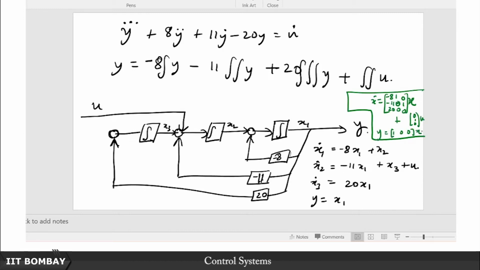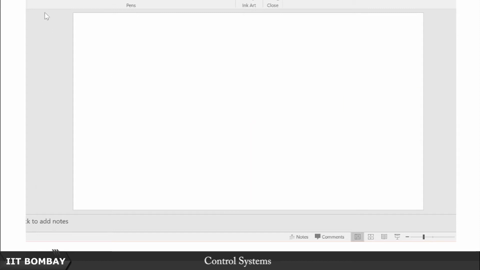So just like in the controller canonical form the B matrix used to be 0 0 1, in the observer canonical form the C matrix will always be 1 0 0. So the structure of the A matrix and the C matrix are fixed in the observer canonical form. So it is this observation that allows us to see that if you now want to design A plus LC, what happens?